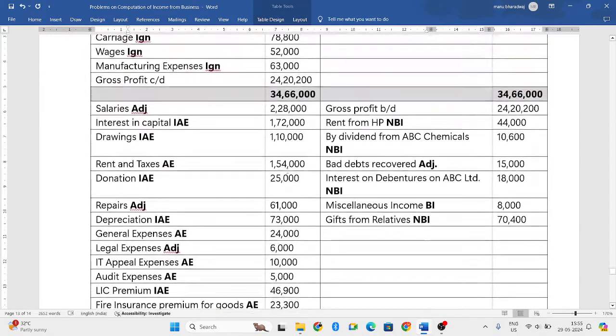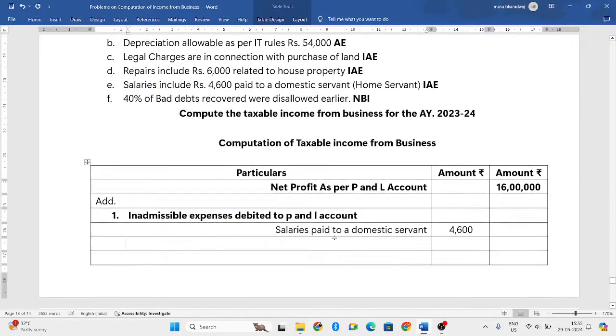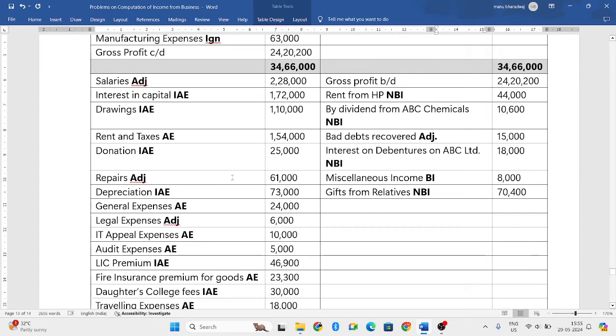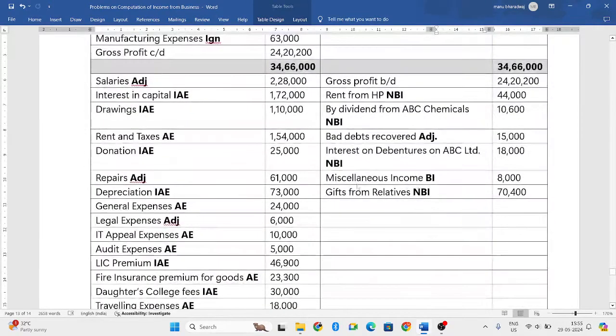Next, interest on capital, it is inadmissible, 1,72,000. Next, drawings 1,10,000, it is completely inadmissible.